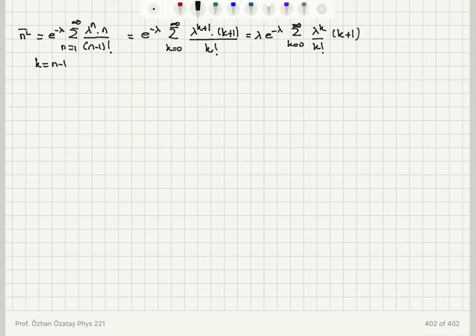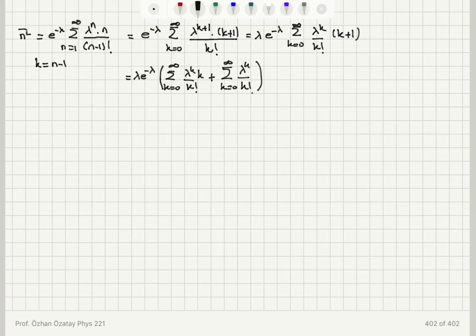So I can write this as lambda e to the minus lambda. If I distribute this sum over the k plus 1 term, the first term I get is sum k equals 0 to infinity lambda to the k over k factorial, multiplied with k, of course, and the second term is sum k equals 0 to infinity lambda to the k over k factorial.